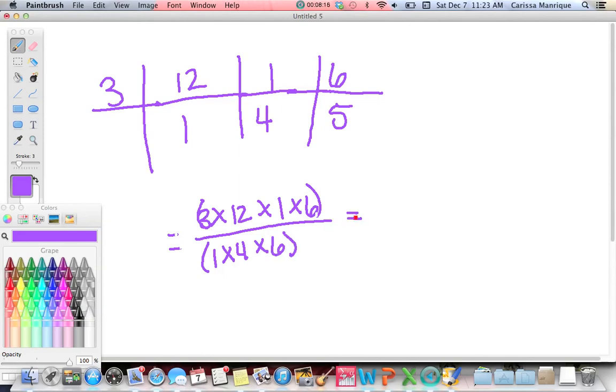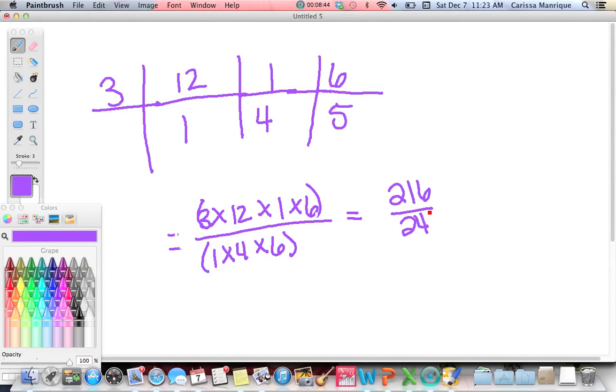So when we do this, you're going to do everything at the top. I have my calculator out: 3 times 12 times 1 times 6, and I'm going to get 216. Divided by 1 times 4 times 6, which is 24.